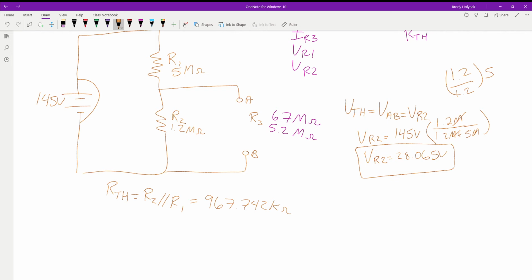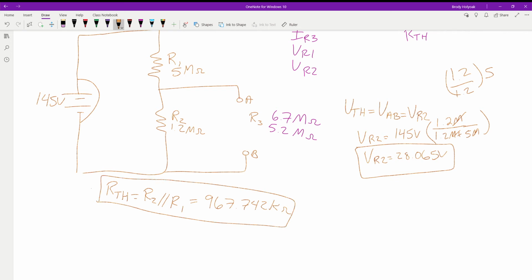In this process, we're going to end up getting 967.742 kilo ohms. Everybody good with that value?